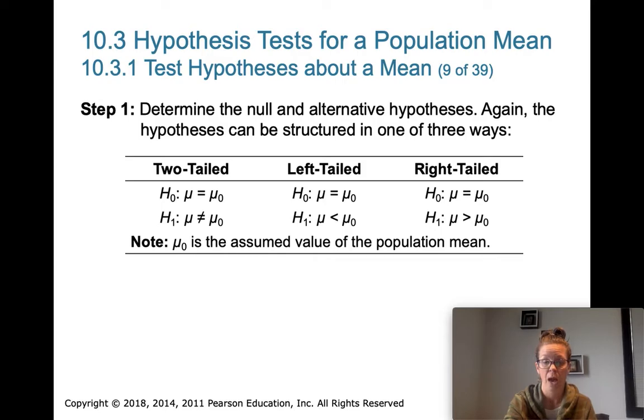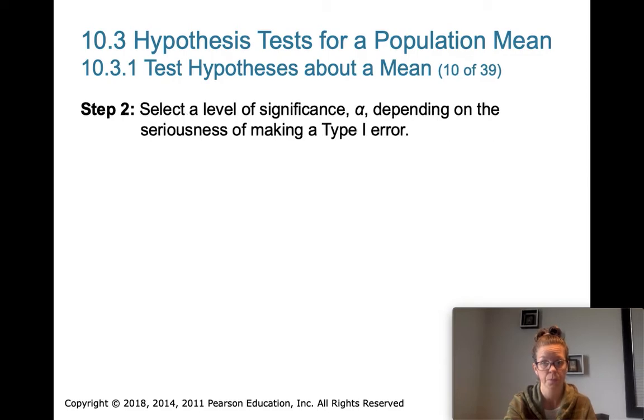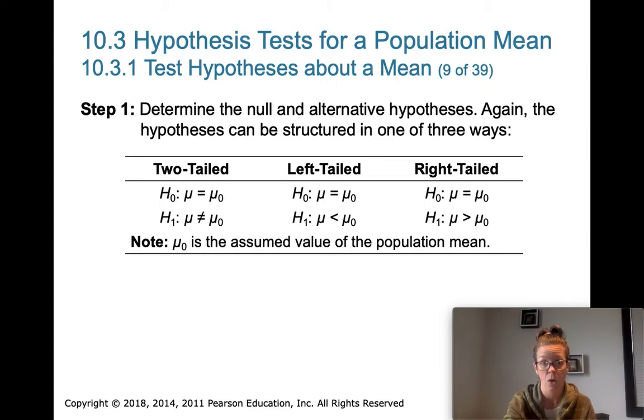Then we have our alternative hypothesis: the mean could be just different than it used to be, less than it used to be, or more than it used to be. So step 1, we have to decide which one of those hypotheses we think is going to be the outcome. That always has to be chosen before you start doing your study.